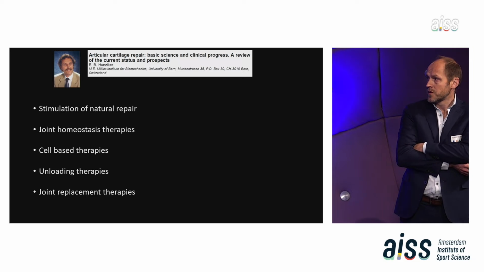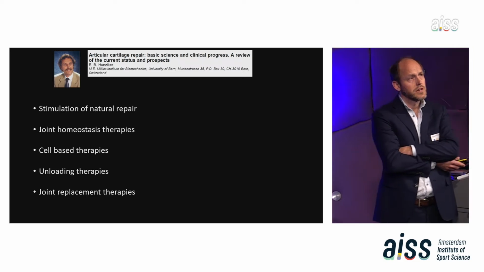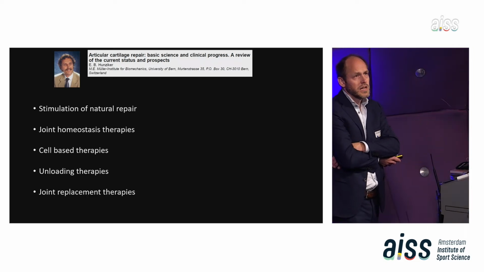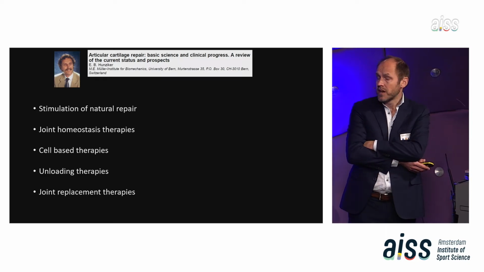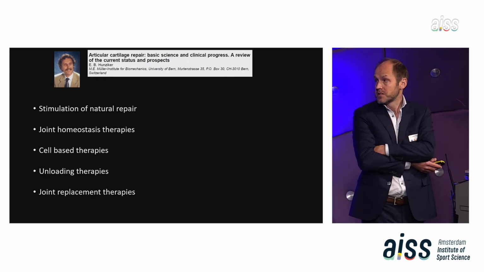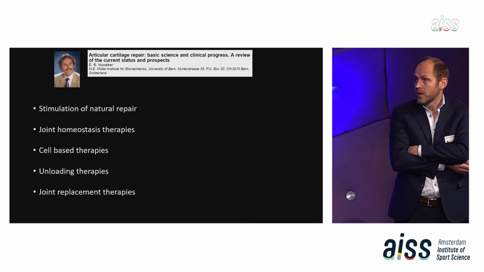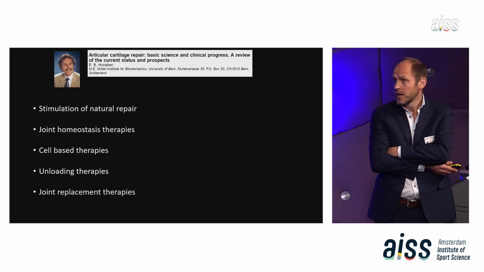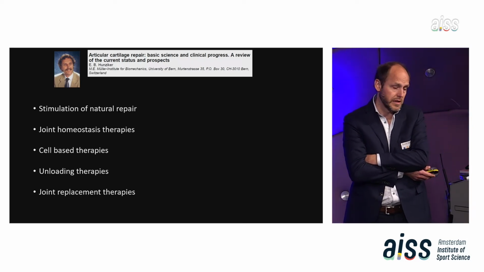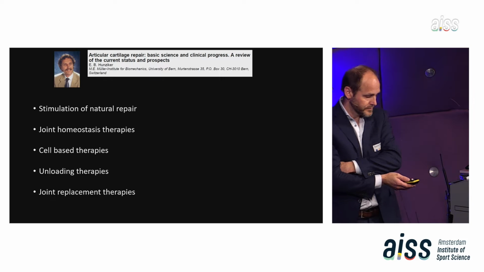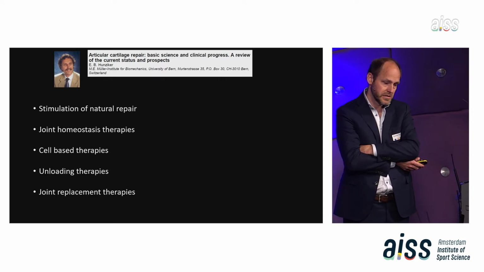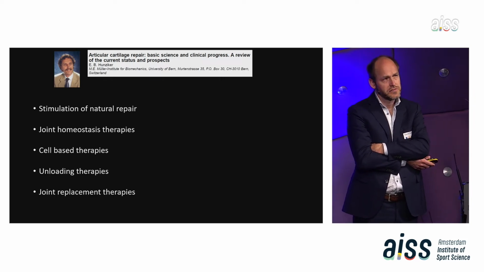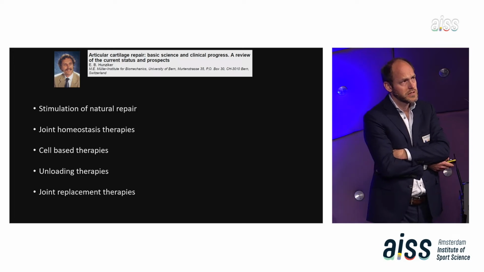Then there are joint homeostasis therapies, because we know that cartilage degradation is mediated by inflammatory mediators, cytokines, interleukins, and you can think of inflammation reduction and removal of the bad signaling proteins. Then, of course, there are cell-based strategies by replacing chondrocytes.